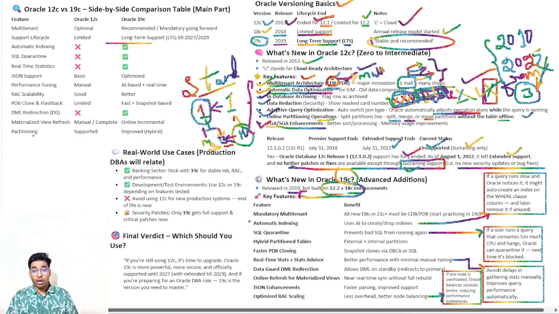In 19c we have mandatory multitenant. We already discussed multitenant architecture: we have a container database with multiple pluggable databases inside it. The multiple pluggable databases use the same SGA and the same set of background processes, so resource consumption is very low in this architecture.